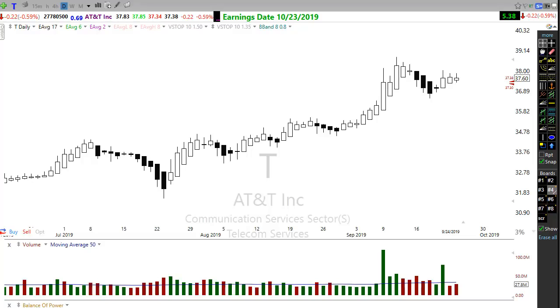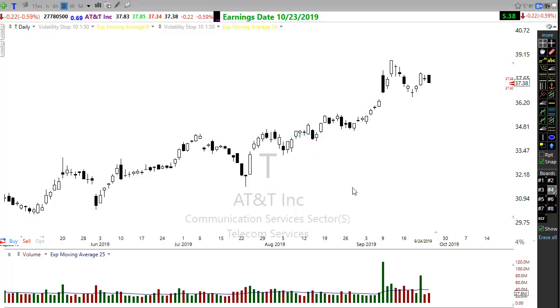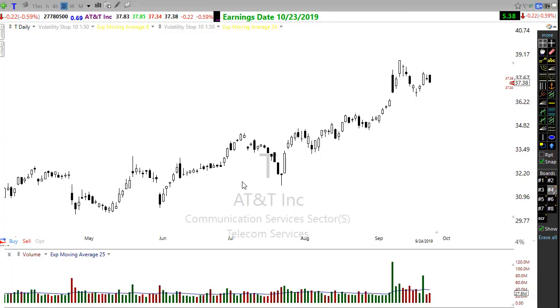What that means is they take a standard candlestick. If we were to look at a regular daily chart of AT&T, it looks like this. A lot more back and forth, a lot more black candles in there, kind of disarray, right?